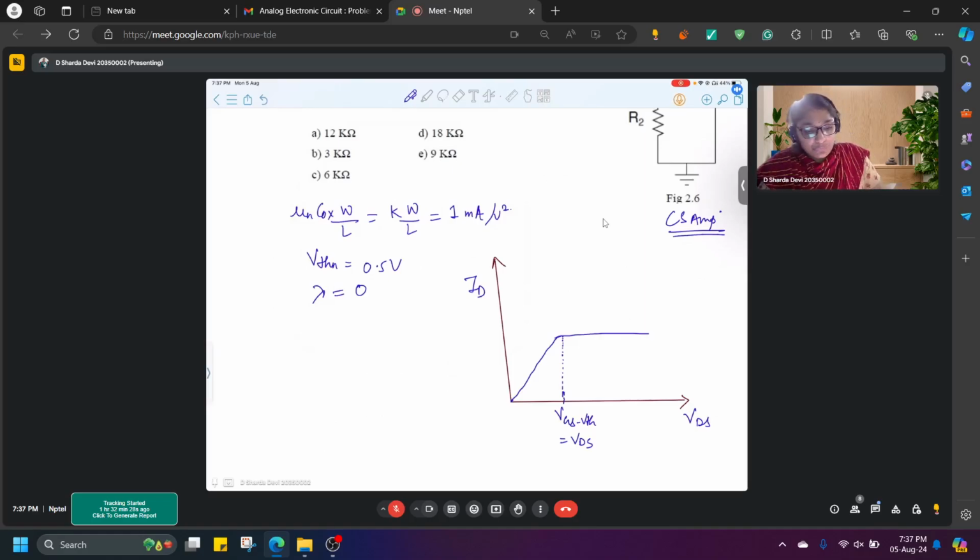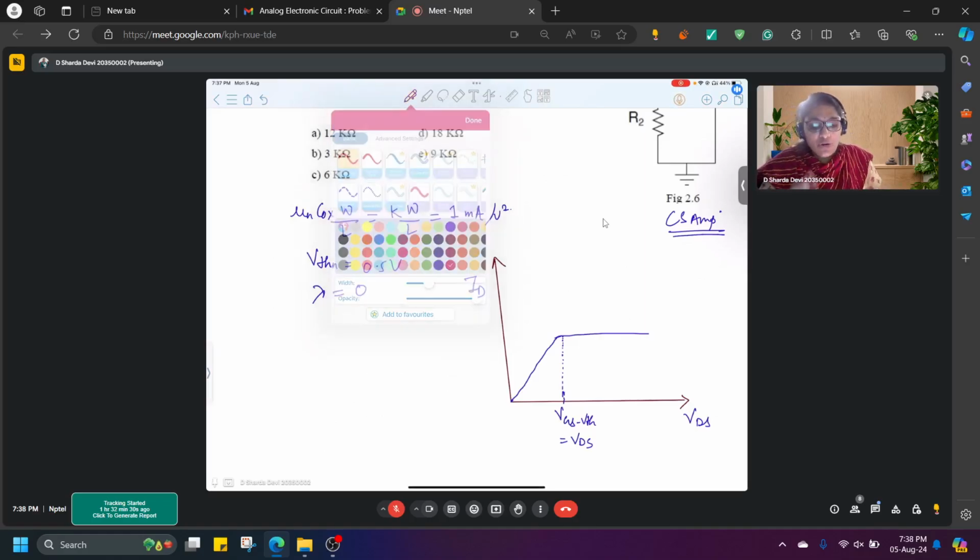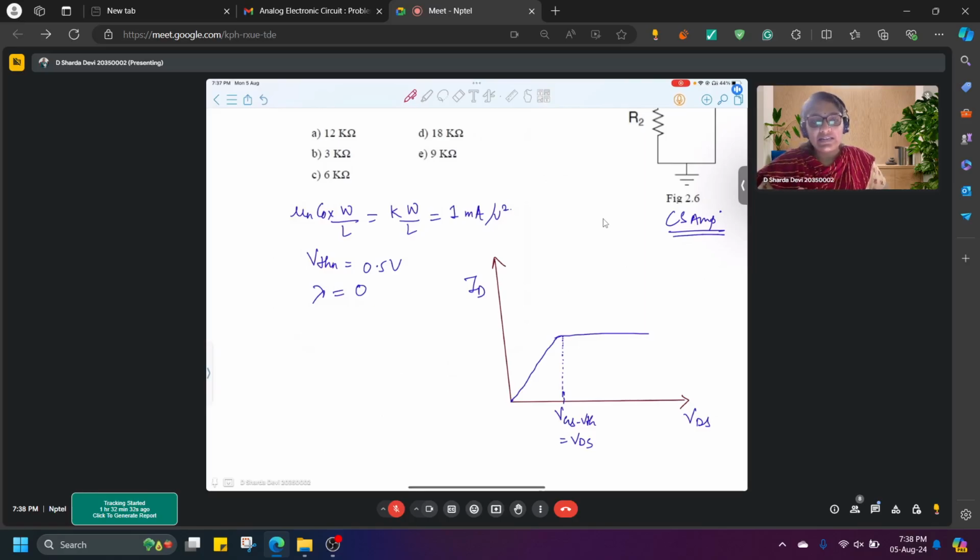Practically, this is not true. We want ideal current source type of behavior. We do get this current source behavior for very large transistors with longer channel length. But in smaller transistors, with increasing demand, the reduction in transistor size is very critical and very important.